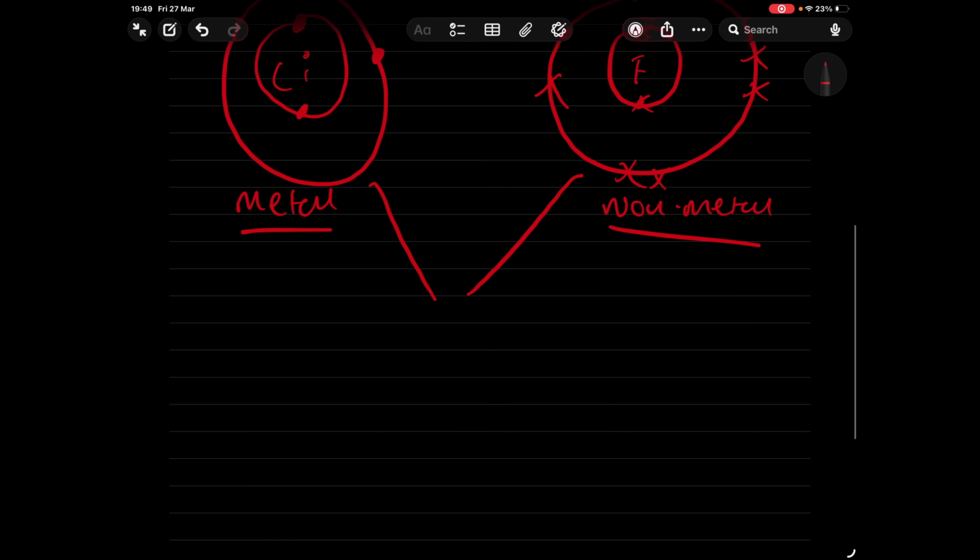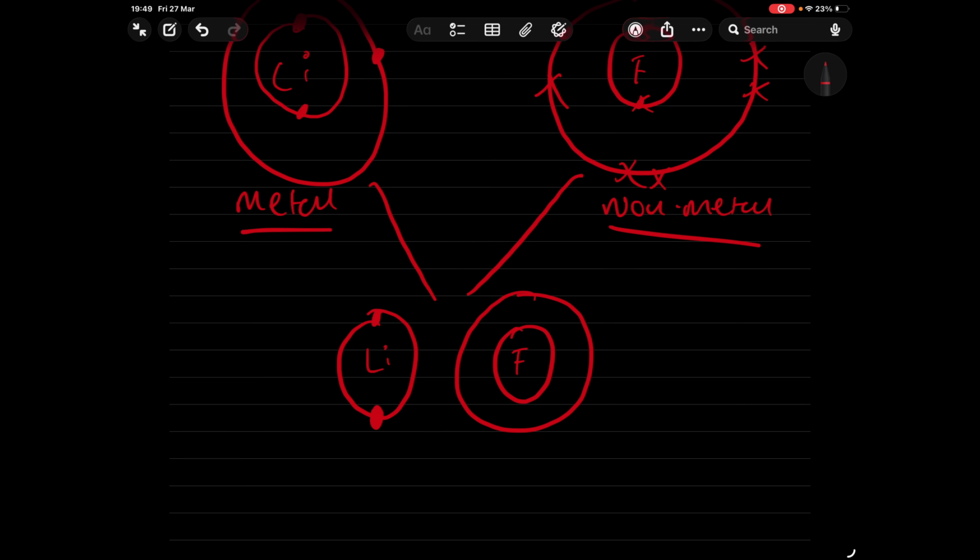So here's what will happen. This will be the lithium atom after. Lithium will only have 2, whereas fluorine will now have 1, 2, 3, 4, 5, 6, 7, 8.